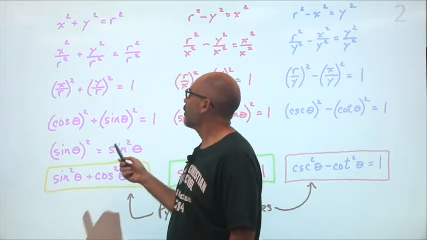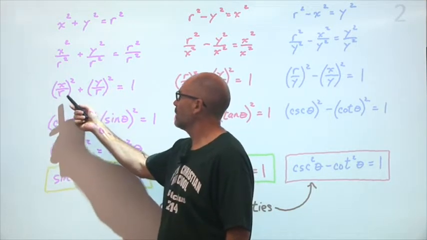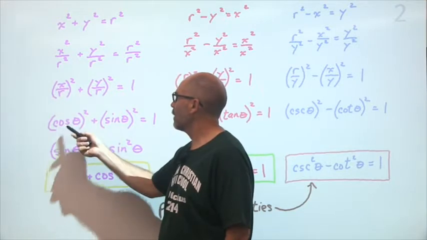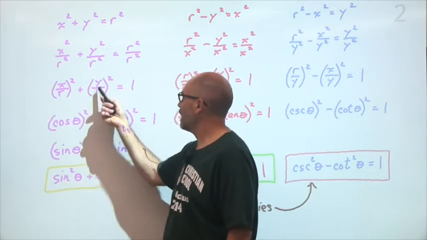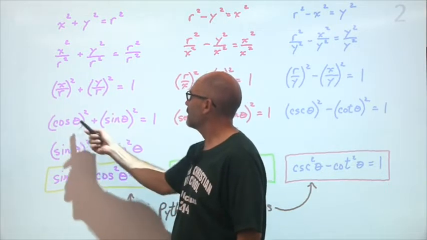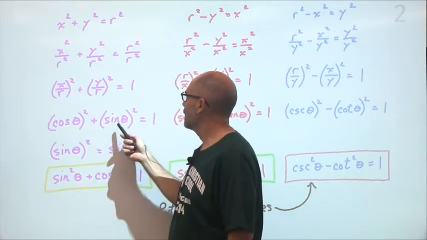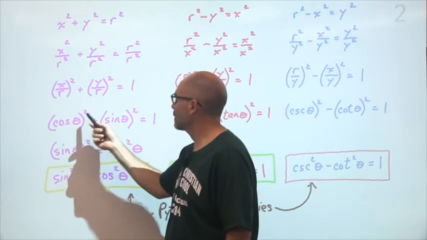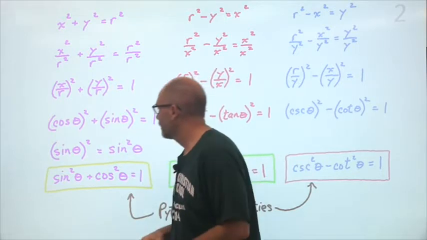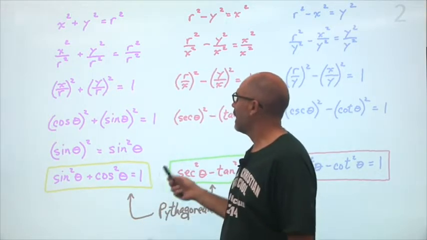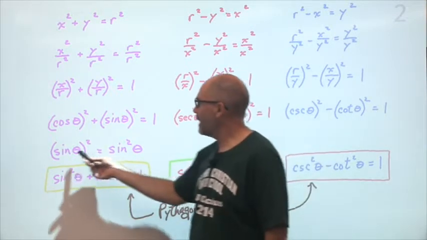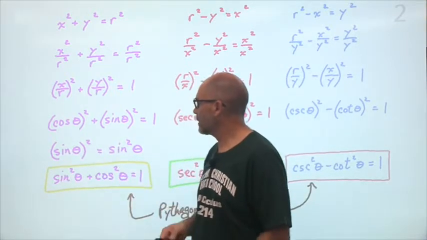Now, if we go back to that unit circle, we realize that x divided by r is cosine theta, and y divided by r is sine theta. So what I have here is cosine theta squared plus sine theta squared equals 1. One other thing we're going to look at here: sine theta quantity squared.